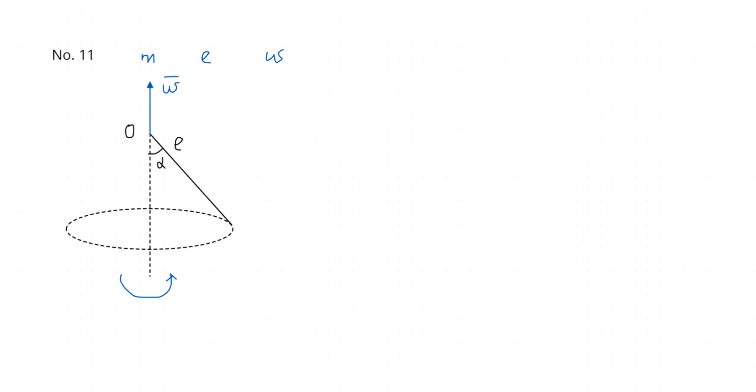Angular velocity is omega, and linear is v. What is the direction of linear velocity v?